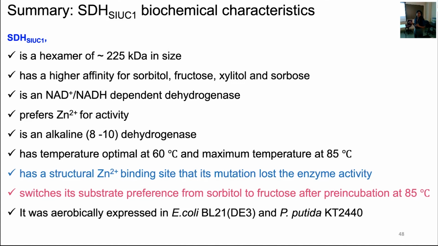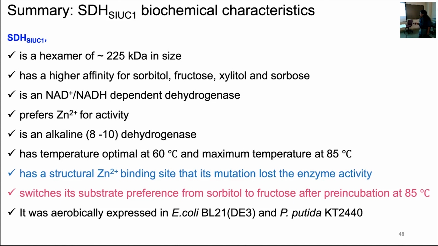The optimal temperature would be 60 and the maximum temperature is 85. It has a structural zinc binding site, and mutations in that structural zinc binding site would lead to the loss of catalytic activity of the enzyme.